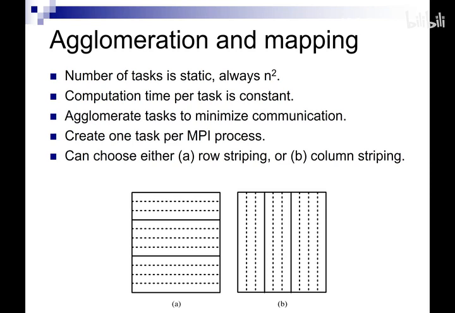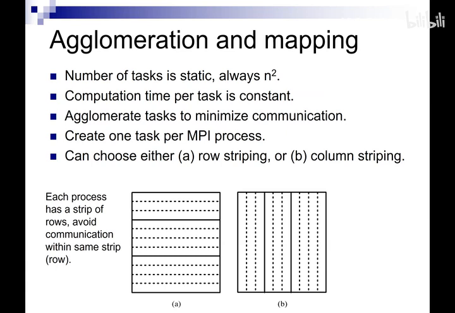In terms of how to agglomerate, we're going to consider two ways: either row-wise or column-wise. We have these tasks corresponding to all of the different entries of the matrix. Row-wise agglomeration just means that we take several rows of these tasks, put them together into one super task, and then assign that super task to a processor.